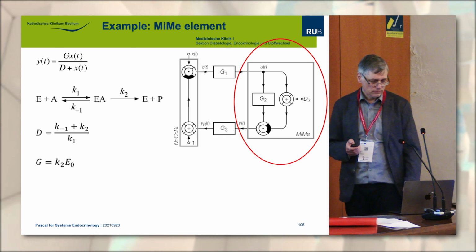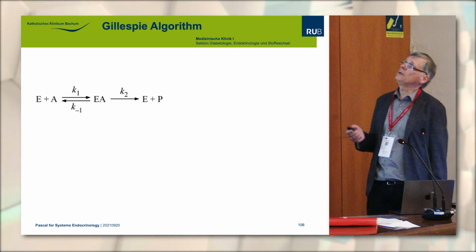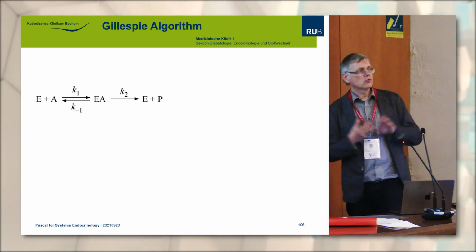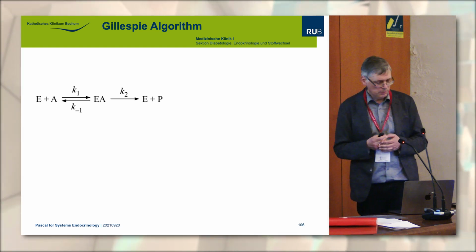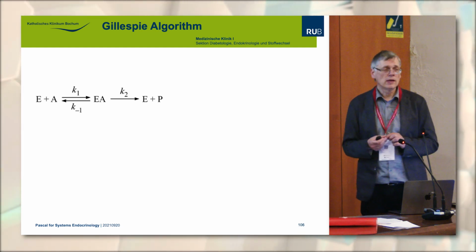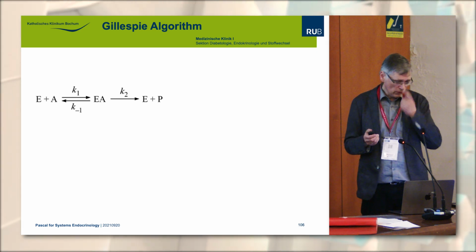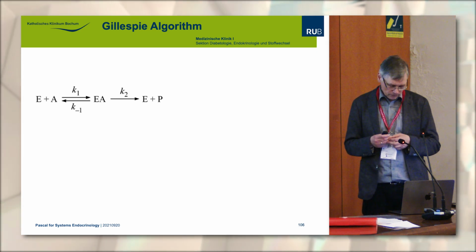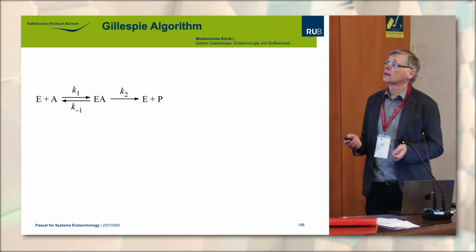And in order to simulate this, we use the Gillespie algorithm. This is an algorithm which was developed in 1967 by Gillespie for the American military. It is a statistical simulation algorithm, and with it we can explain the development of a chemical system.